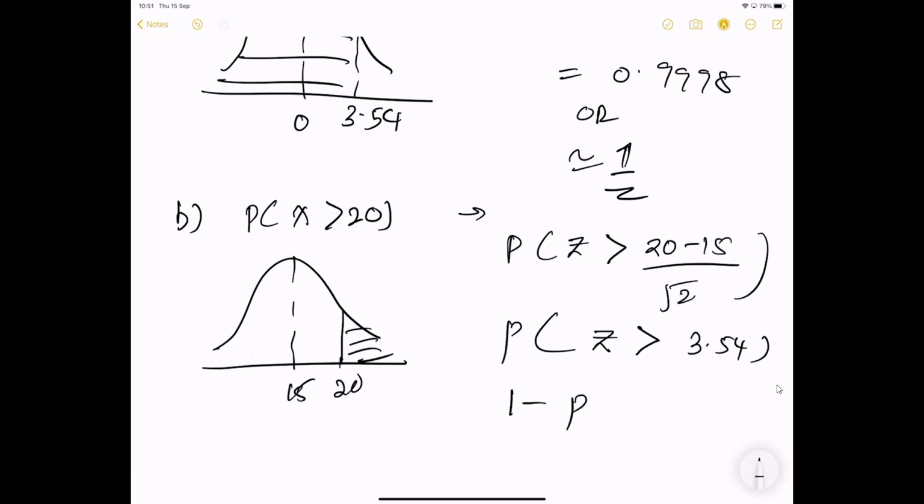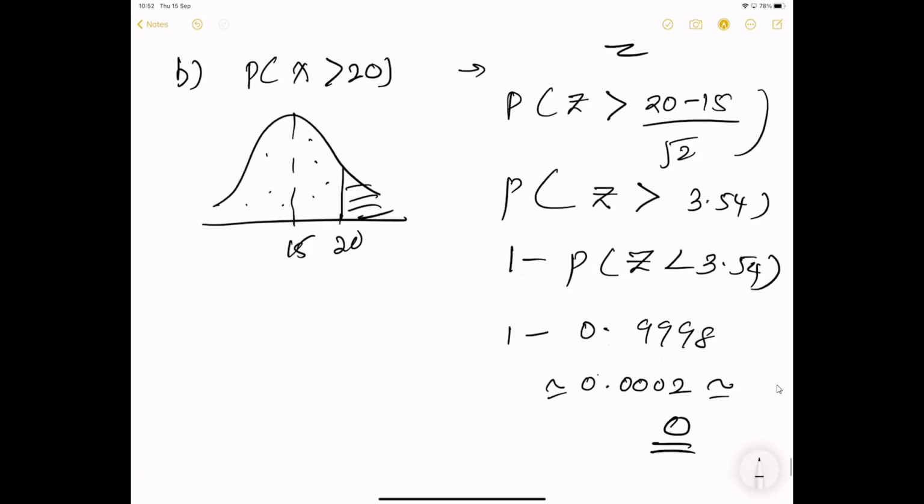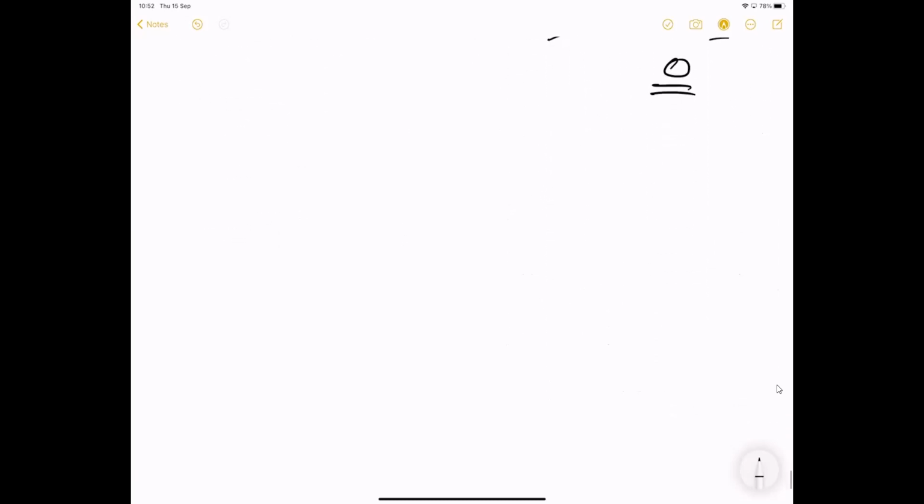Then 1 minus 0.9998, because on the table we only have the left probability. That one should be approximately 0.0002, approximately 0.